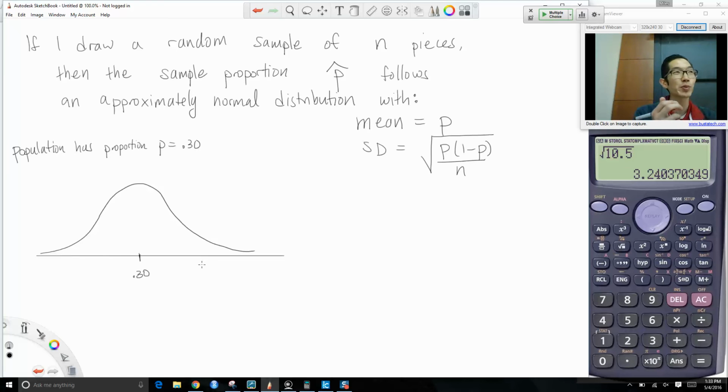Some samples will have proportion 0.32. Some samples will have proportion 0.36, okay? P hat has an approximately normal distribution.